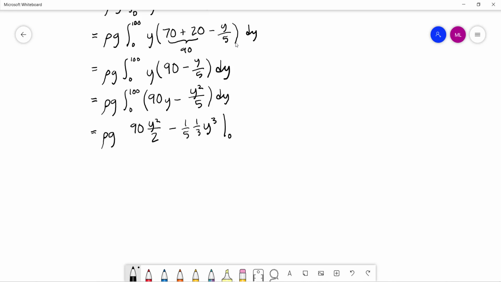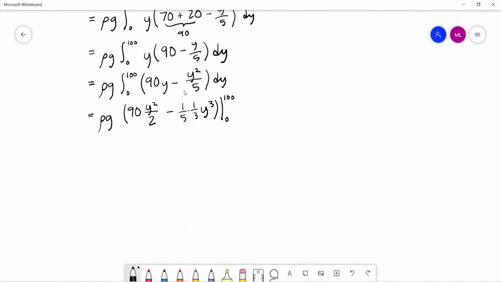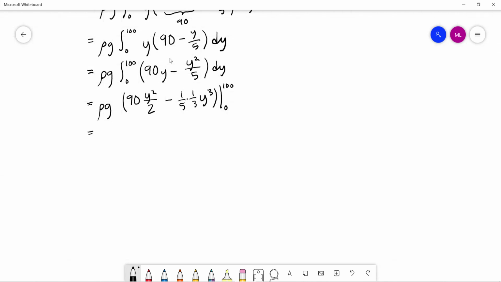We're evaluating that between 0 and 100. And we get to plug these numbers in and come back to this rho g at the very end. So let me not bother with that for now.